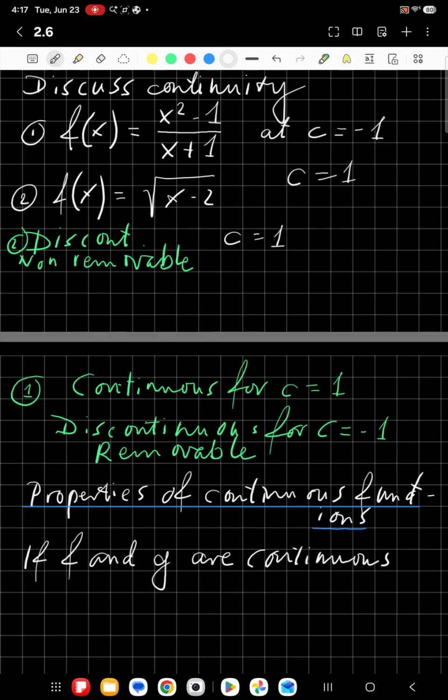So let me finish this. Then f plus g, f minus g, f times g, and f divided by g.